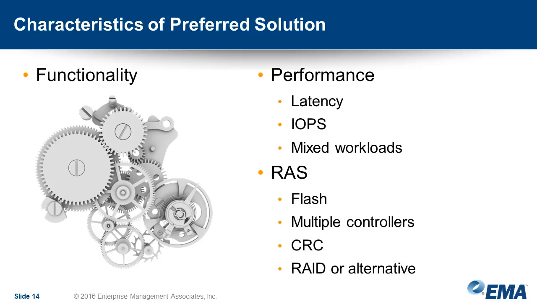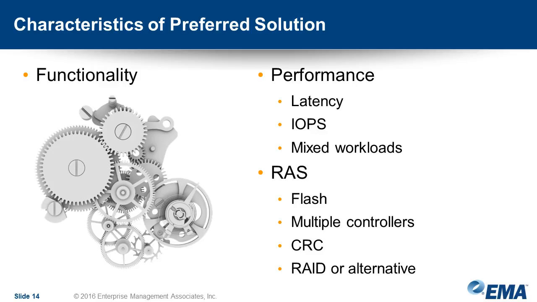So that was taken into consideration. And then we took a look at the average latency of the system, and also maximum and minimum latency numbers to get a sense of how consistent performance was going to be and how well the system's going to work in a mixed workload environment.